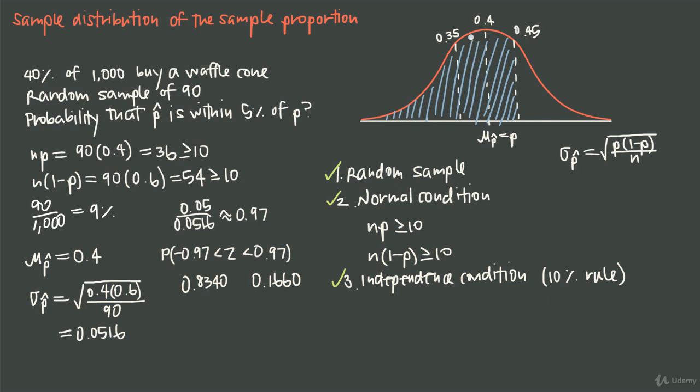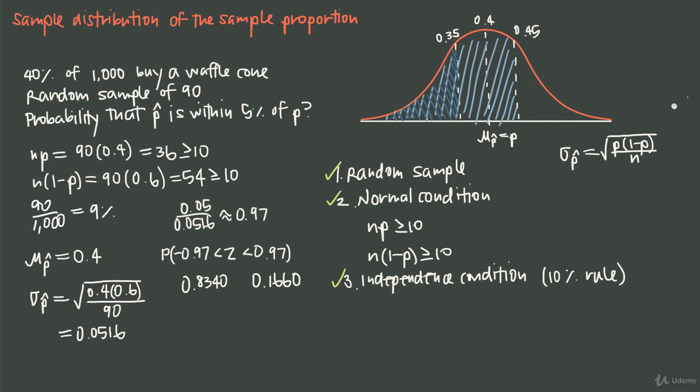But then the probability that we're less than 0.35, which is a z-score of negative 0.97, is 0.1660. So this probability right here, up to this point, is 0.1660.